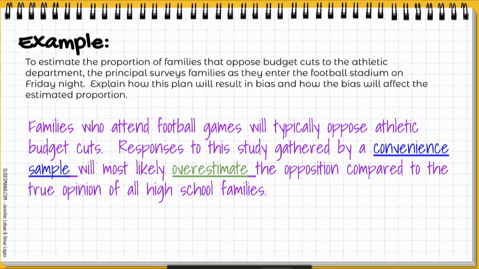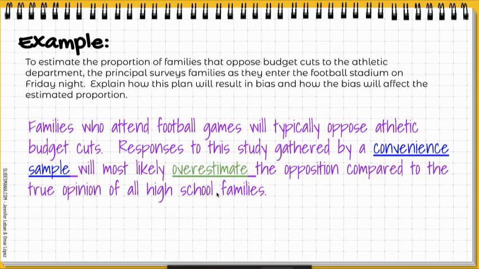Because your goal is always to get the true population's opinion. If you're only going to a place where families are invested in the athletic department, you're going to get an overestimate, as opposed to if you go to a band concert or maybe an art show, where you're going to see some differences. But you want to have the true opinion of all high school families.